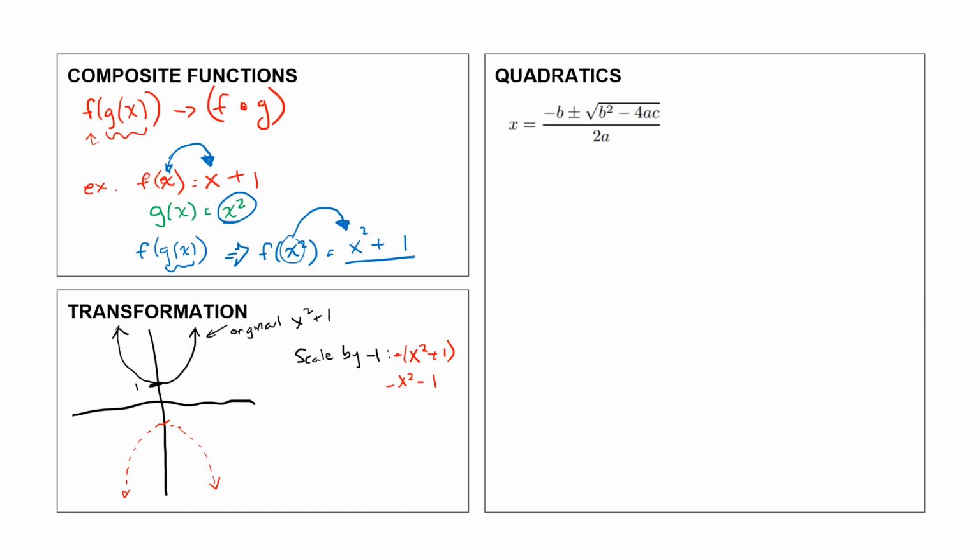Okay. We can also translate up or down, simply by modifying this number. So instead of x squared plus 1, we can say x squared plus 2, right? What happens there? All that does is it moves our y-intercept to 2.